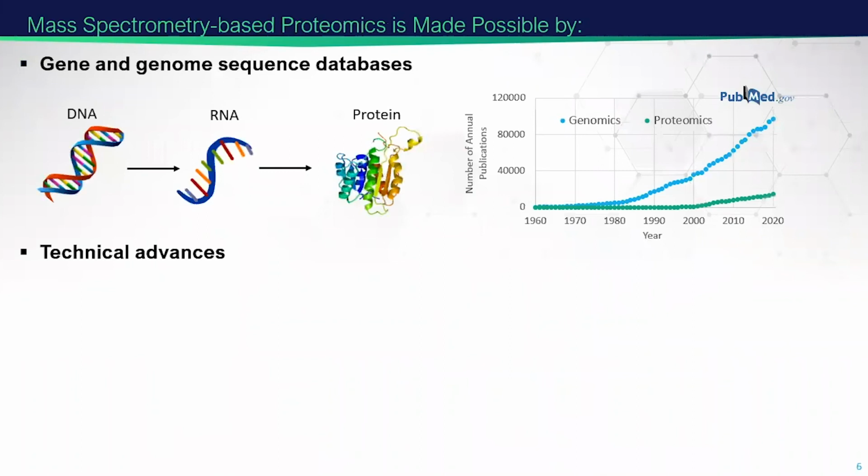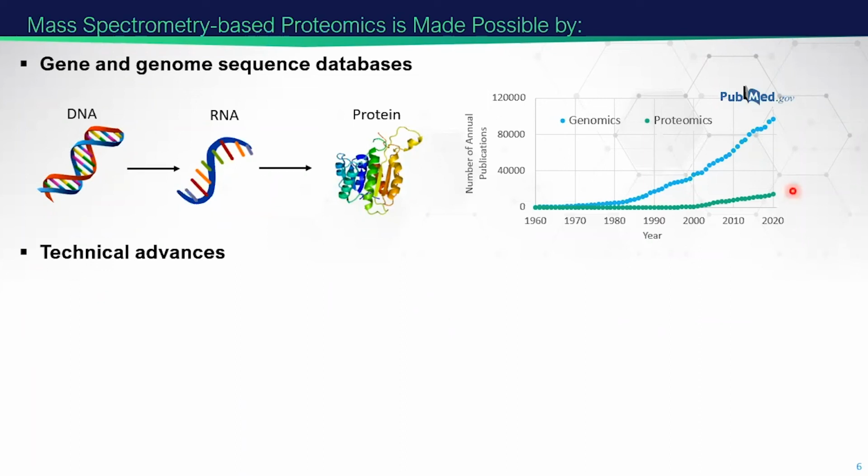Mass spectrometry-based proteomics was made possible especially by gene sequencing techniques, because after you have the gene sequence, you know the protein sequence, and then you can match those to what the mass spectrometry presents.